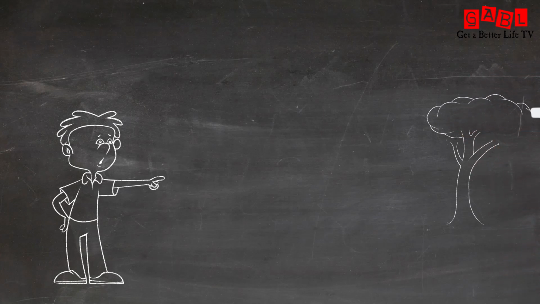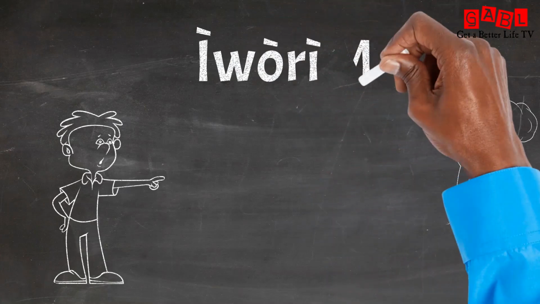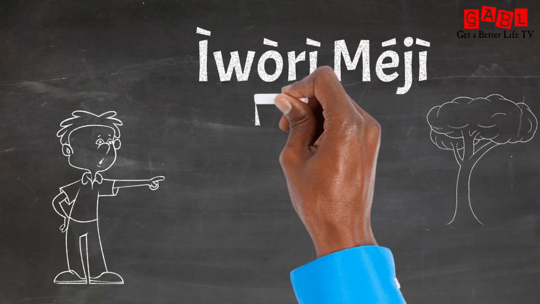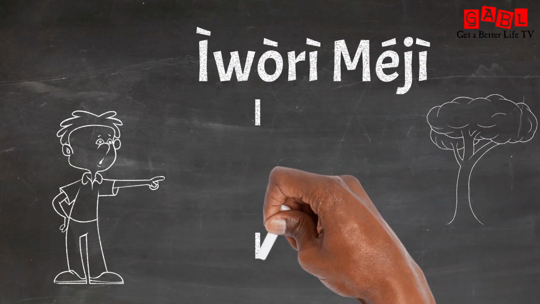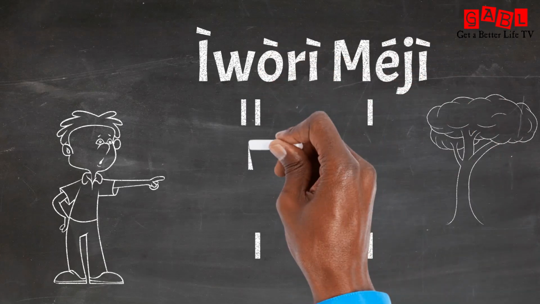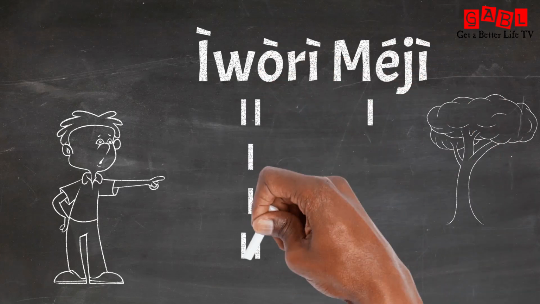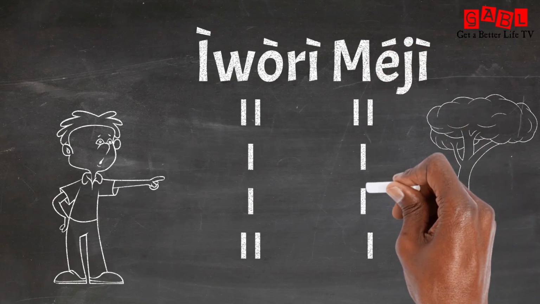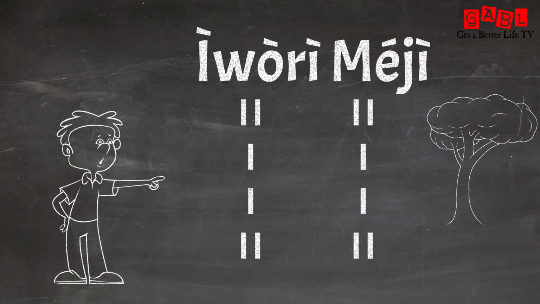Now, let's explore Iwori Meji, an Odu often associated with wisdom, introspection, and the transformation of destiny. Its pattern is unique with a mix of double and single lines.